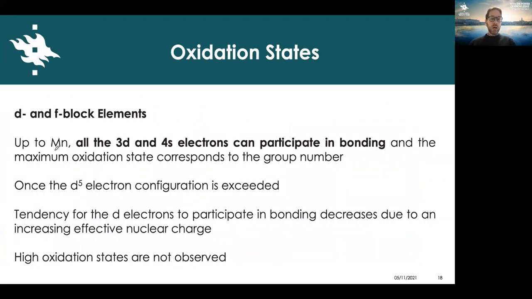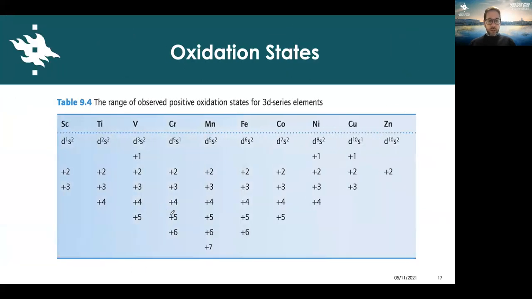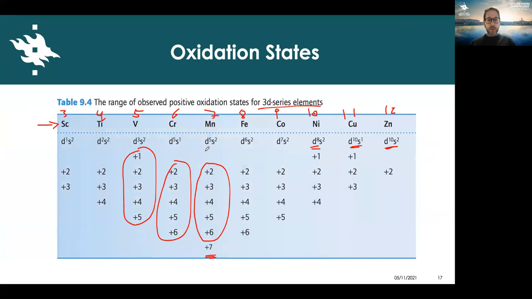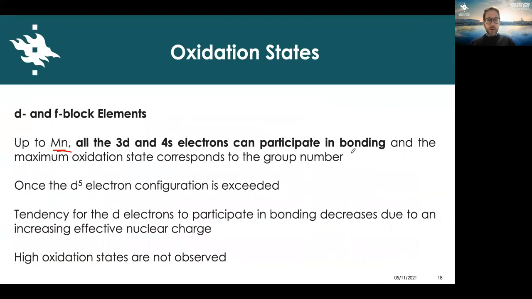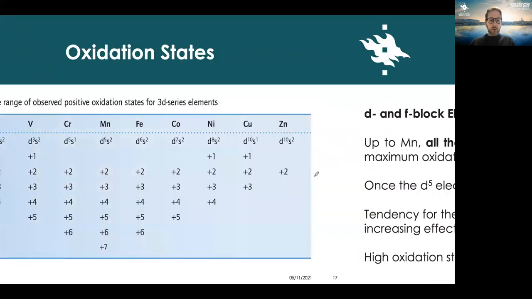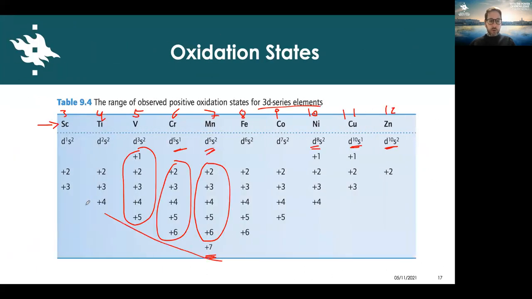All right, so up to manganese the group oxidation state can be achieved, which indicates that all the 3D and 4s electrons can participate in the bonding. Therefore, the maximum oxidation state corresponds to the group number, as we saw here.